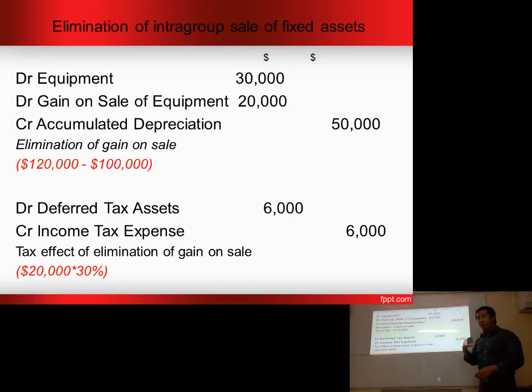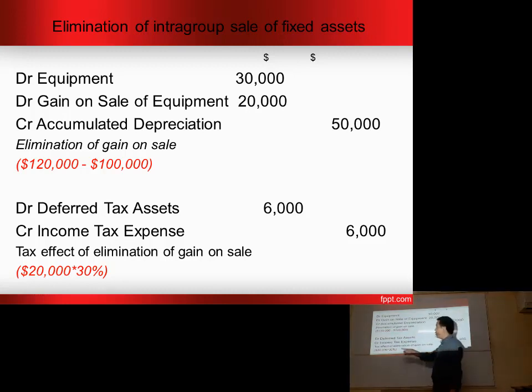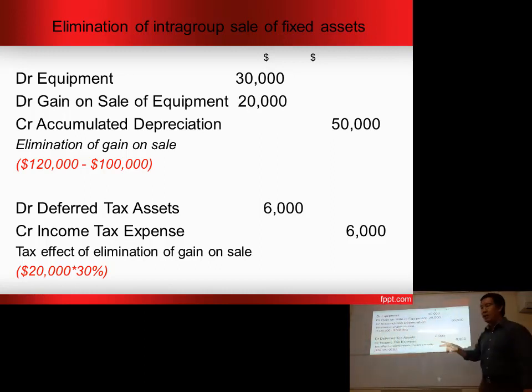entry of the intragroup sale of fixed asset, we have $120,000 here as the proceeds from the sale of equipment, which is paid by DEF to ABC Limited, and then $100,000 is the difference between the $150,000 original cost of equipment less $50,000 for accumulated depreciation.